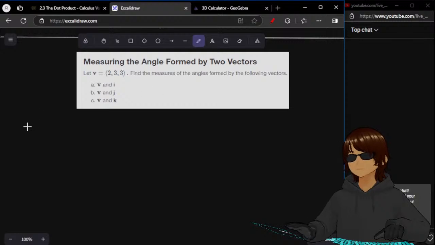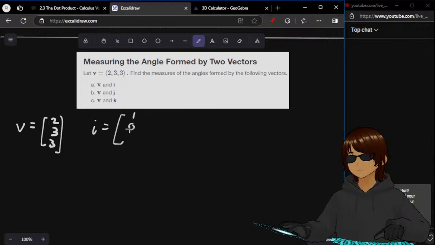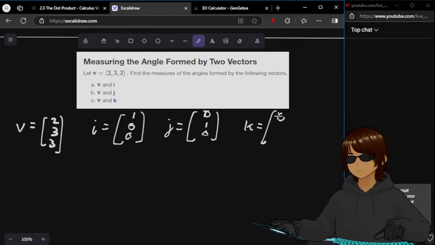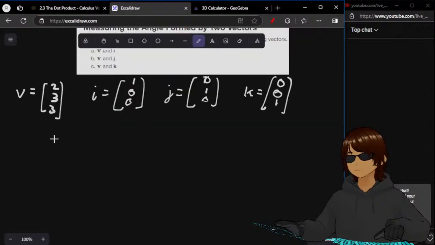So we have V, 2, 3, 3. And then we have I, J, and then K. So the magnitude of V. Each of these magnitudes is 1.